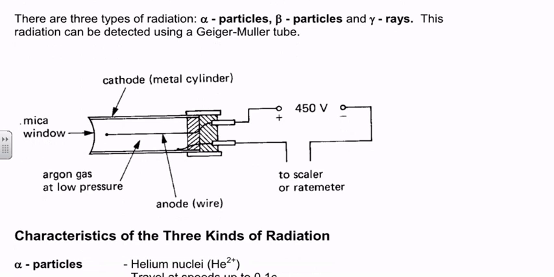So what happens here? As some radiation comes flying in from the outside, okay, there is a gas on the inside, and this gas will become ionized, in other words, charged. And let's say it turns into a negative charge, okay, so there's a negatively charged atom in there, then that will head towards the positive anode, okay, or if a positive charge was created, then it will head towards the cathode, and that will actually create some sort of current.